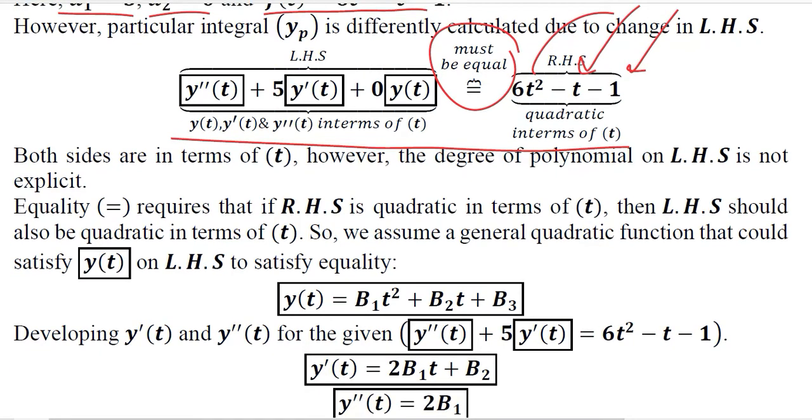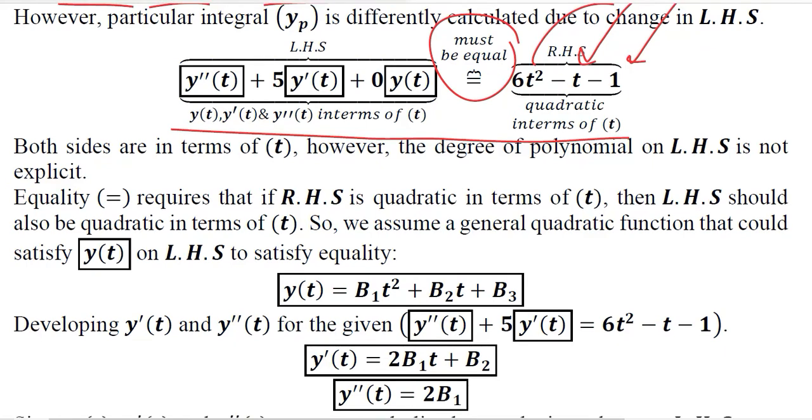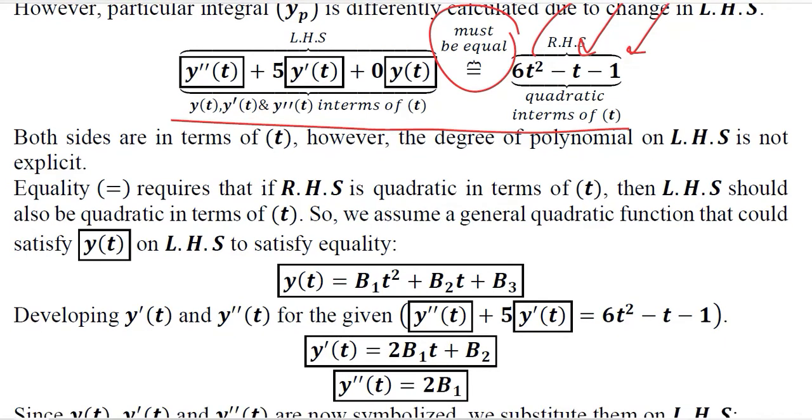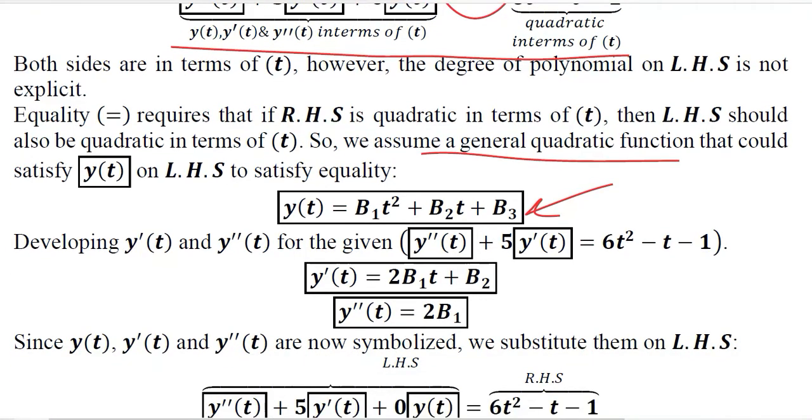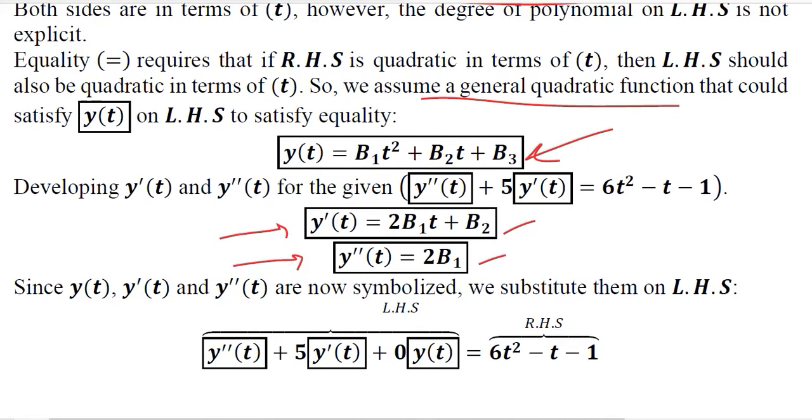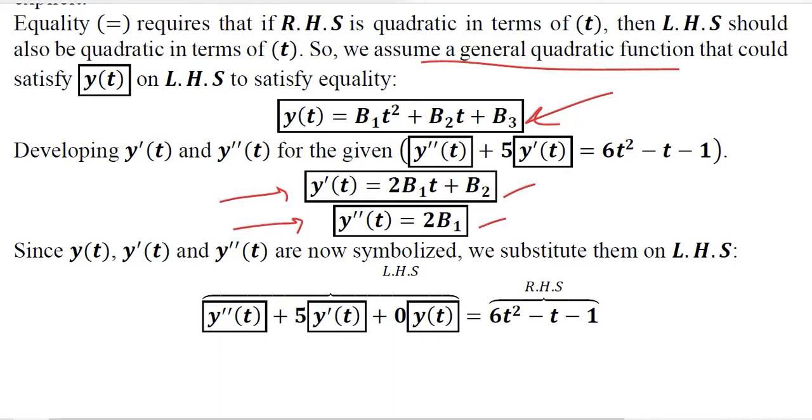Before we do the comparison, we know that we have to come up with a general quadratic solution, and this would be that trial solution that we are going to experiment. Definitely this is y(t), and we can construct y'(t) and y''(t) from it, by taking the first order derivative and the second order derivative. And now we have the values of y'(t), y''(t) and y(t).